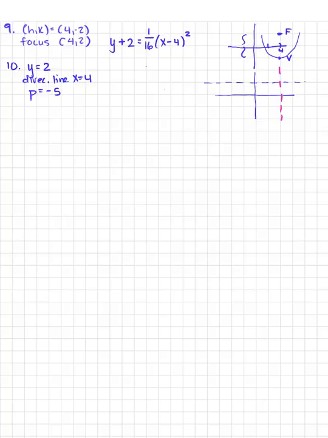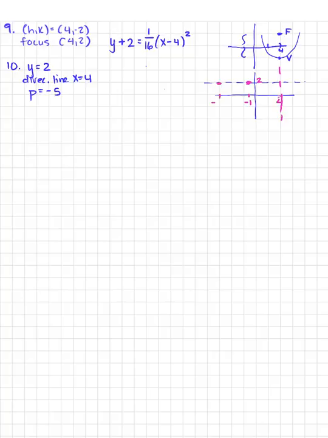And if p is a -5, that means so that same distance, if this is at 4, my vertex will be here at -1, 2, and coming back another 5 would give me my focus.